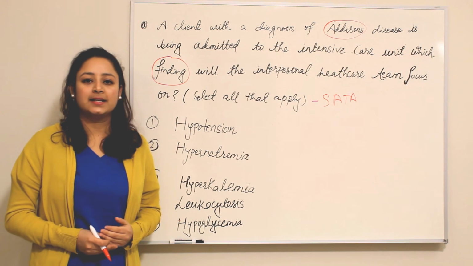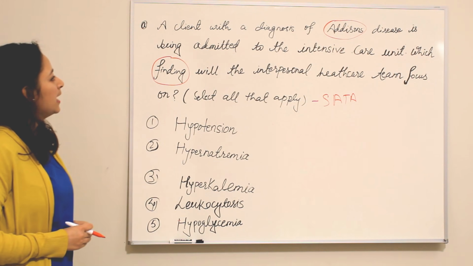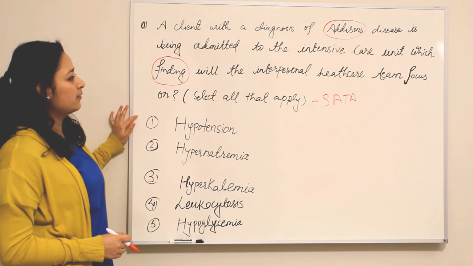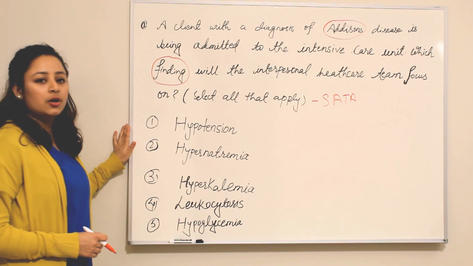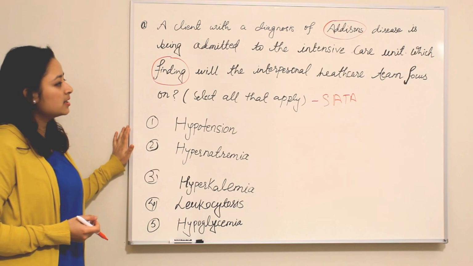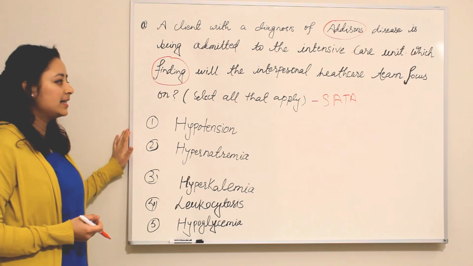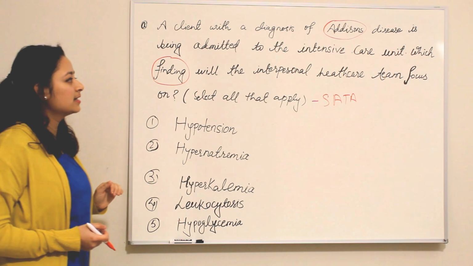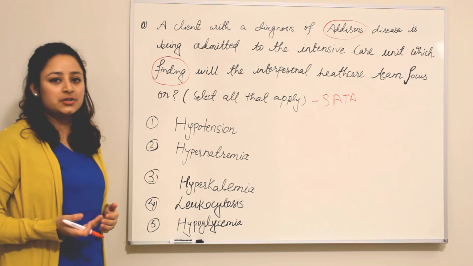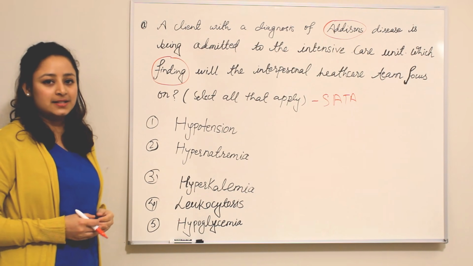Now let's do one NCLEX style practice question. We have a question: a client with a diagnosis of Addison's disease is being admitted to the intensive care unit. Which finding will the interprofessional healthcare team focus on? Select all that apply. So this is a SATA question, and the question is asking us about the findings that are related to Addison's disease.